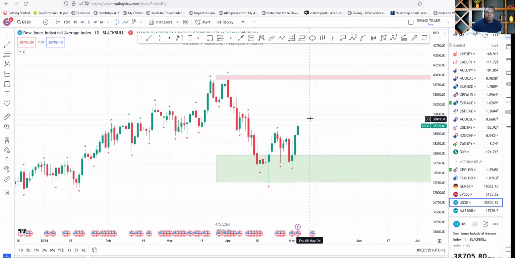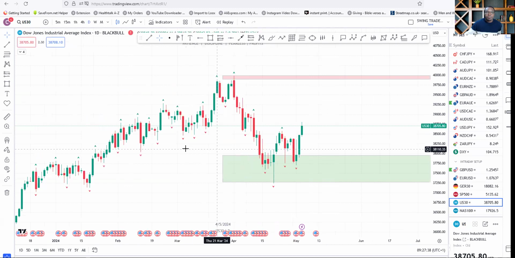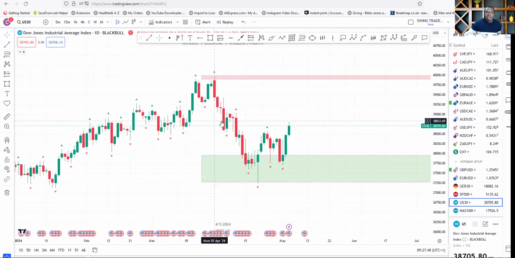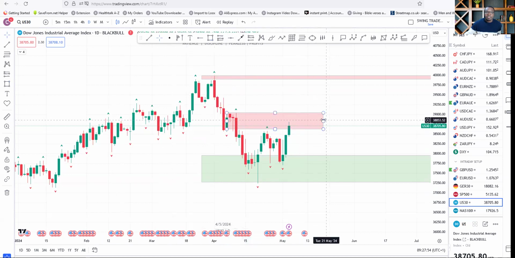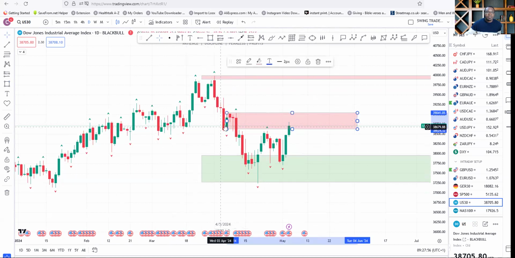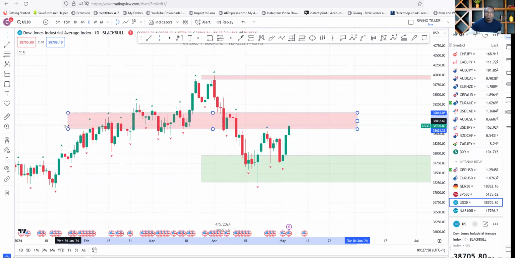On the daily, we can see that this is a very strong area of resistance and support. We can see that price took out the low. So this whole area is a very important area on the daily right here. This whole area, okay, that's a daily resistance for me. And for that reason, because we put it back, you can see it's a crazy area, right?